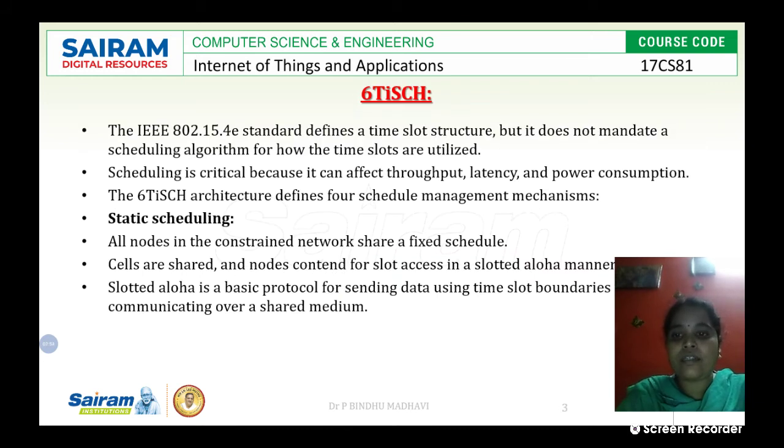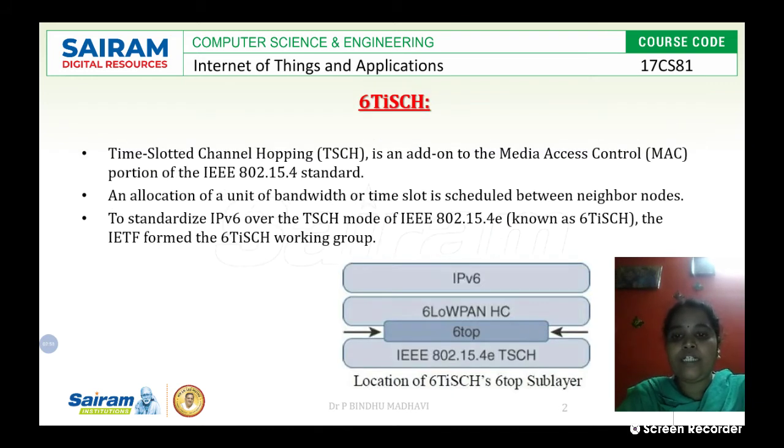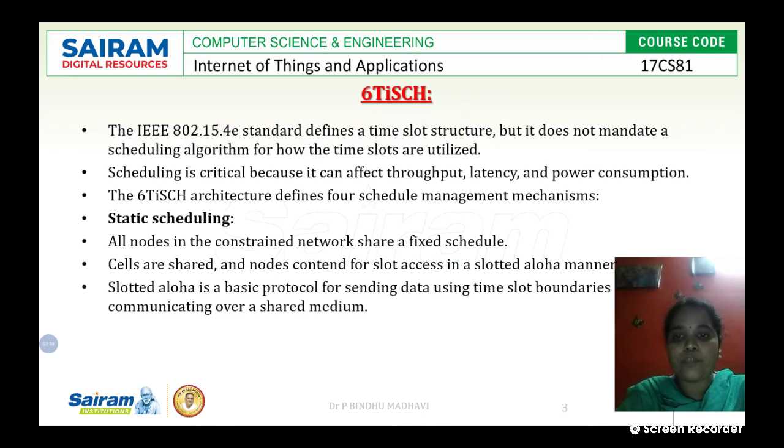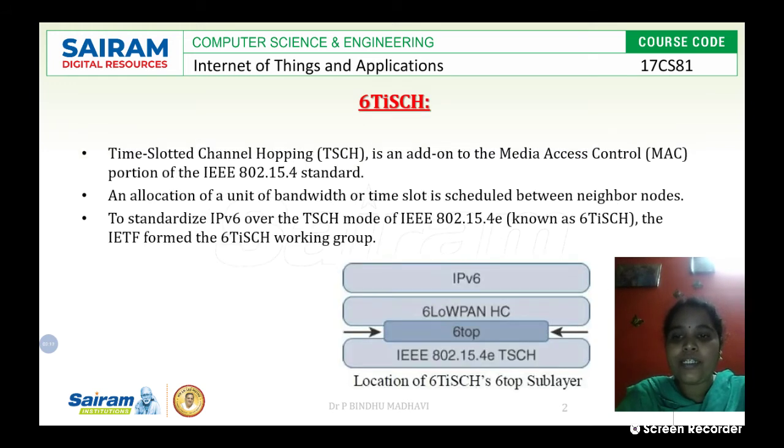And this standard defines different aspects, and there are different benefits of using this 6TiSCH architecture for communication and connectivity within the network. There are different scheduling mechanisms also. As I mentioned, it is mainly meant for the distribution or scheduling of time between the neighboring nodes when they have to communicate with the allocated bandwidth.